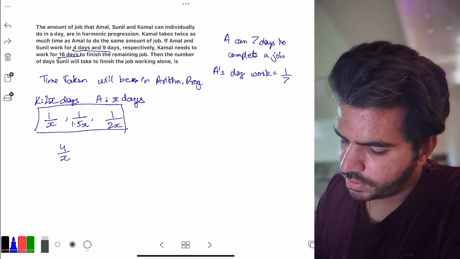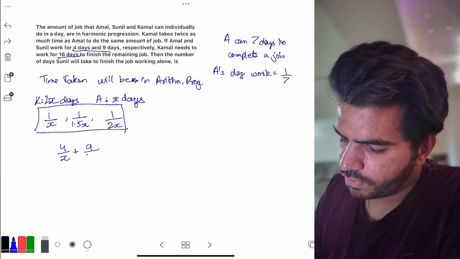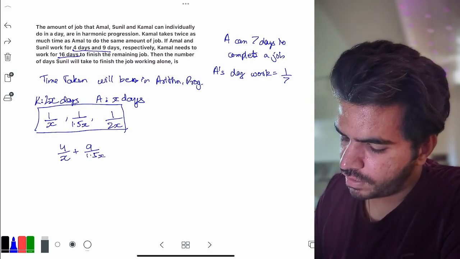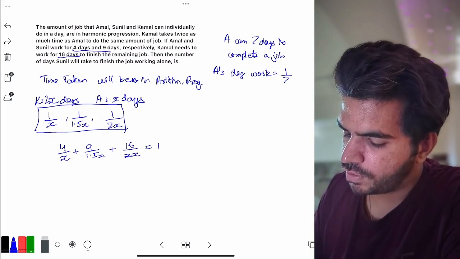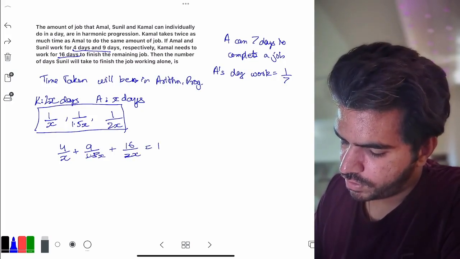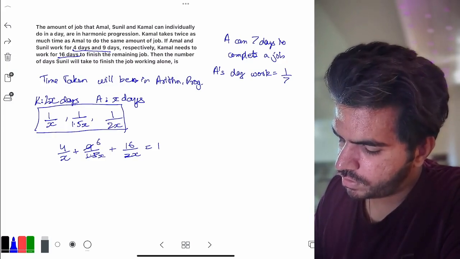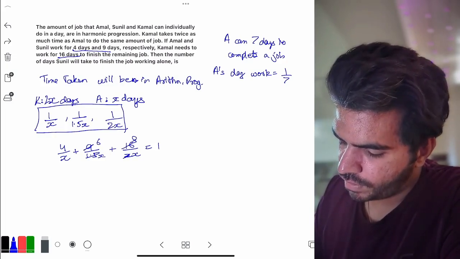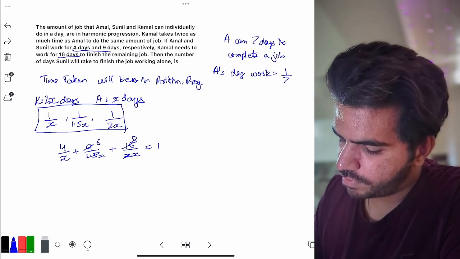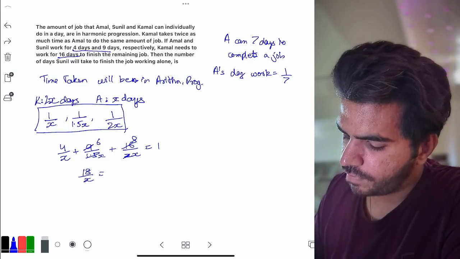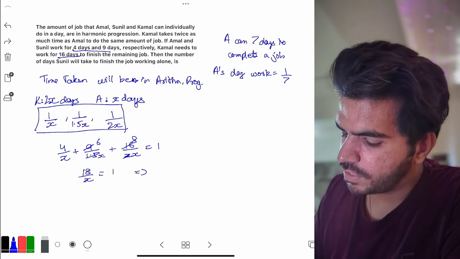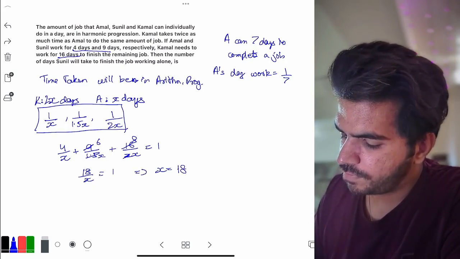So 4 by x plus 9 by 1.5x plus 16 upon 2x should be equal to 1, which is 4 by x plus 6 by x plus 8 by x, summed up 18 by x is equal to 1, which implies x equals 18.